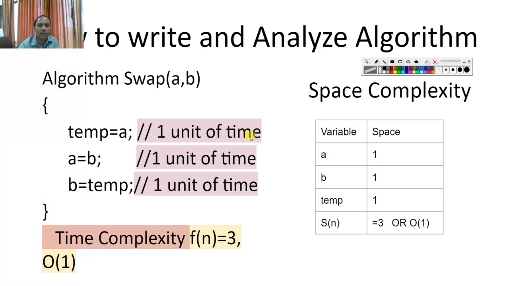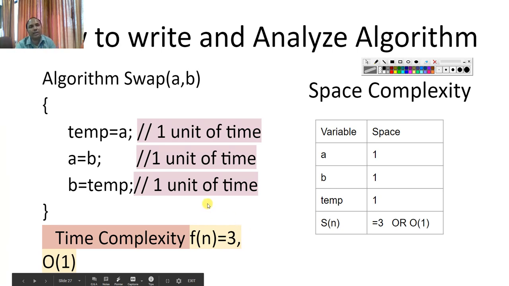Each statement will take 1 unit of time, 1 unit of time, and 1 unit of time. So the total time taken by this particular algorithm is 3. But let us say there are 1000 such statements, or 5000 such statements. Still, we have to write down the complexity as order of 1.